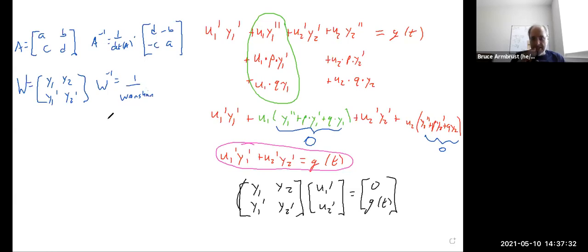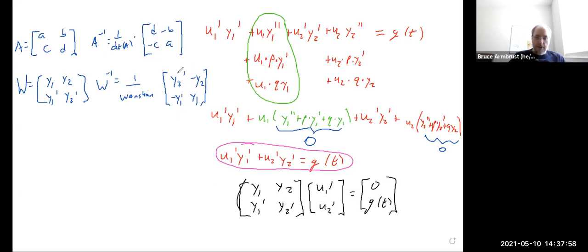So we're going to have 1 over the Wronskian times y2 prime, y1, negative y2, negative y1 prime. So there's our inverse.